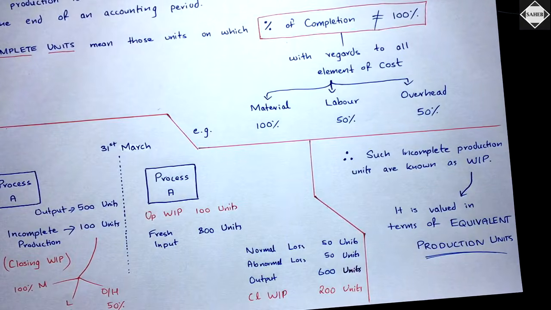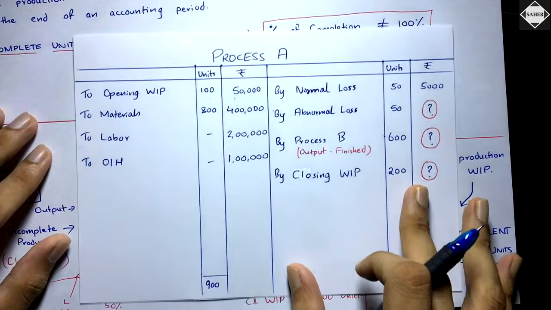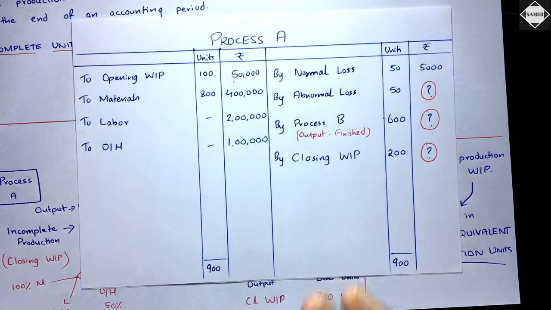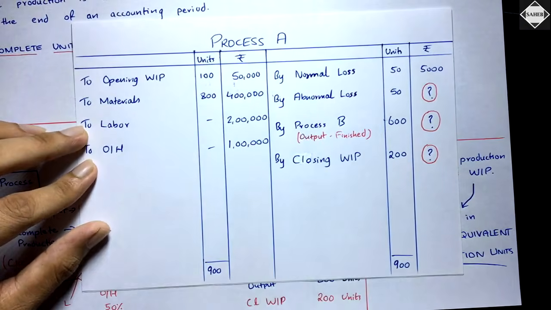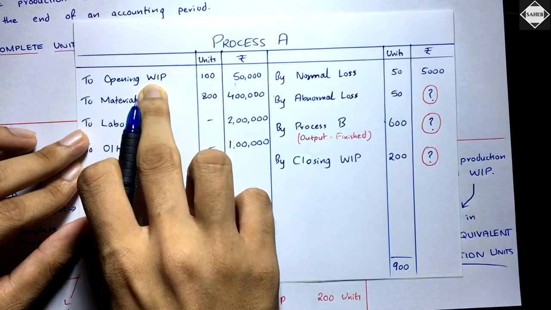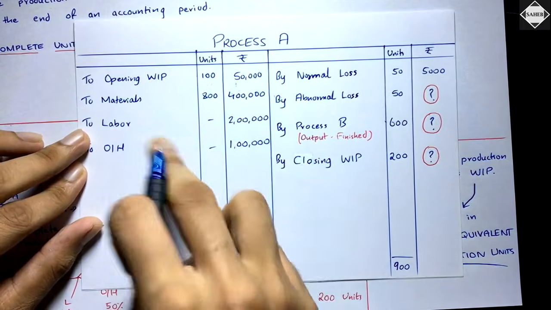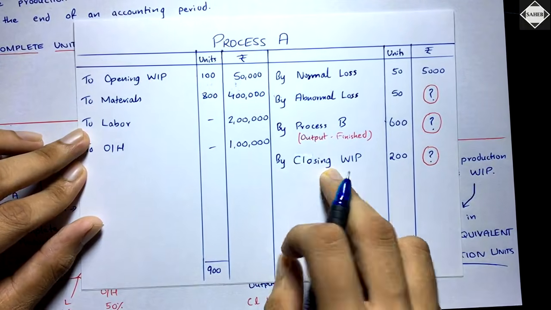You can't do that because, see here, just for an example, in this process account, this illustration, opening WIP is there, closing WIP is there, isn't it? On opening WIP, you had done the pending work in this period, and in closing WIP also you had done some work.